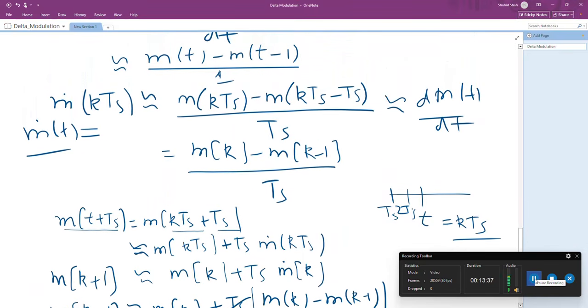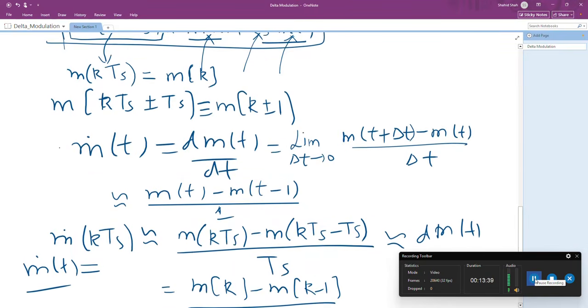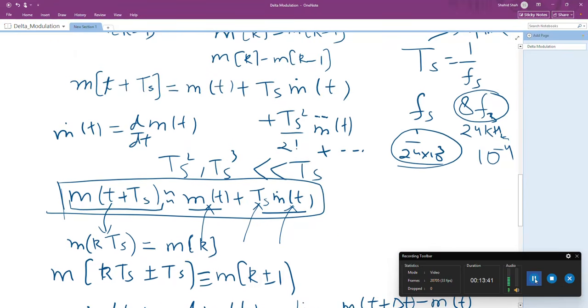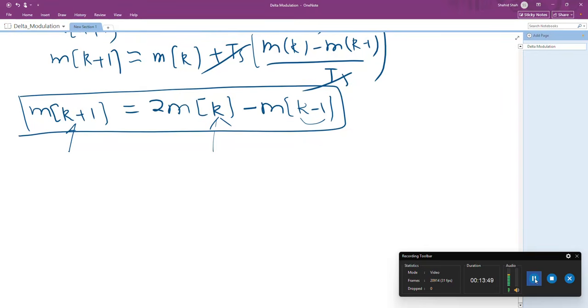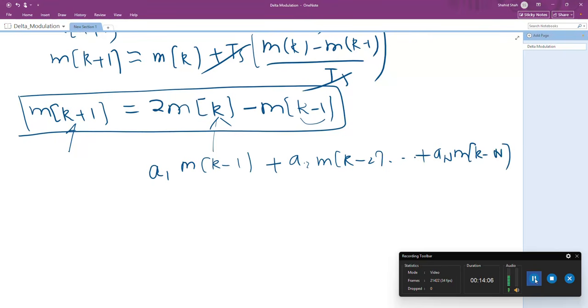Recall that we got this approximation by neglecting the higher derivative terms. If you include the second, third and fourth derivatives and approximate them, you can write a general prediction term like this: some constant times m of k minus 1, plus some constant times m of k minus 2, plus some constant times m of k minus n.